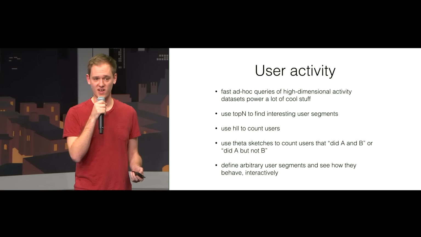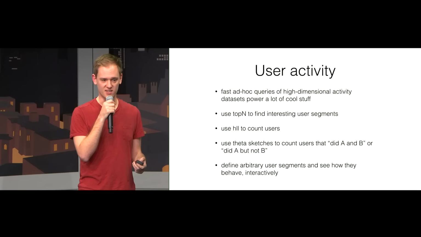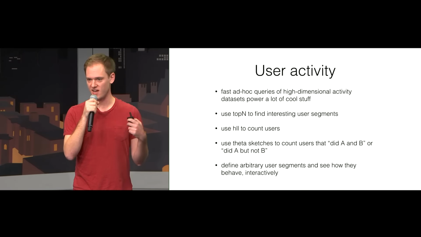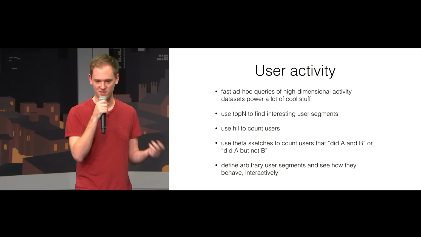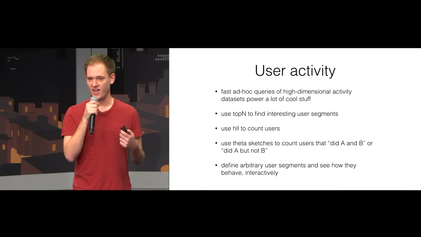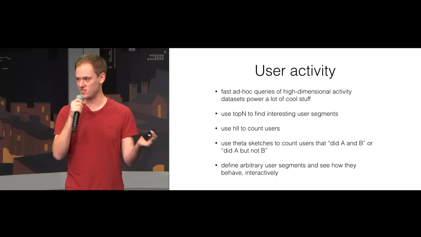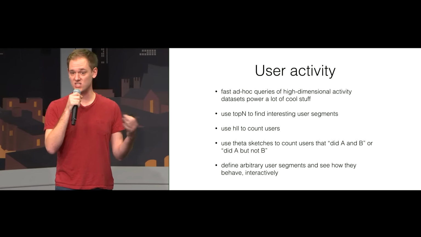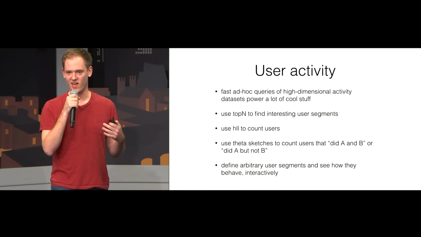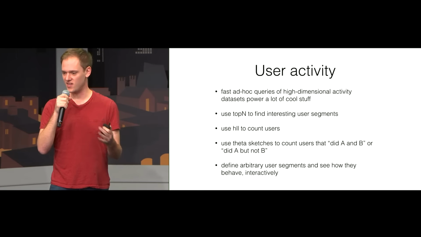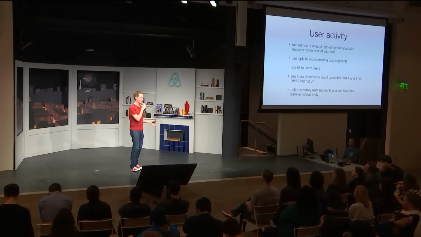You can use that to find interesting user segments. You can find top countries, top cities, top regions, top devices by something. Often just looking at a variety of top Ns over various dimensions will lead you to something interesting. And the fact that Druid can generate these very rapidly allows you to explore through your data and find interesting things.